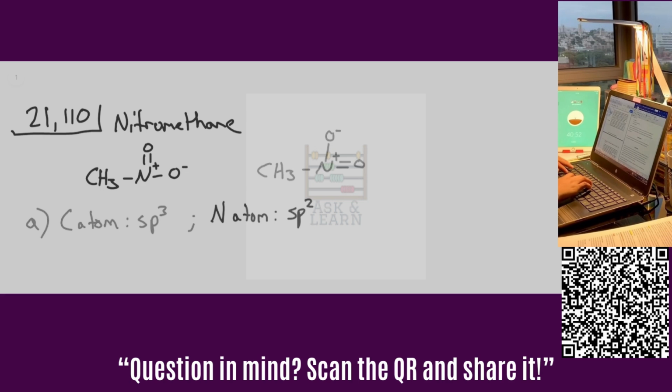Then also we have a single bonded oxygen, which is only bound to one atom, but if we were to draw in the lone pairs, we would see that there's 4 areas of electron density, so it's also sp3 hybridized. And then finally, we have a double bonded oxygen. And if we drew in the lone pairs here, we'll see that we have 3 areas, so it's also sp2.